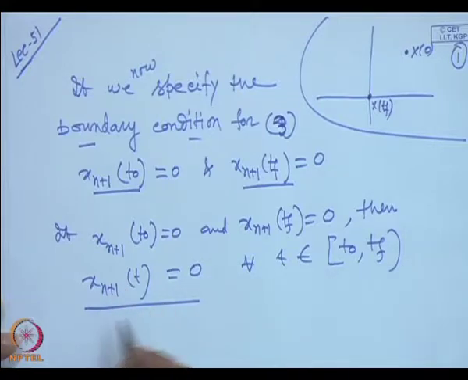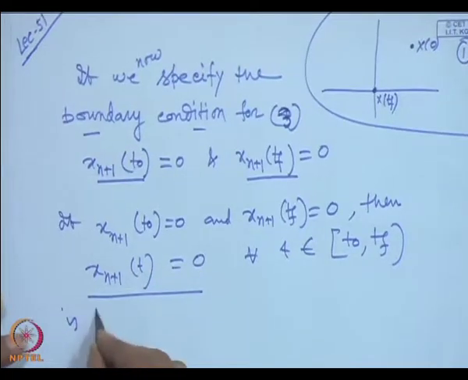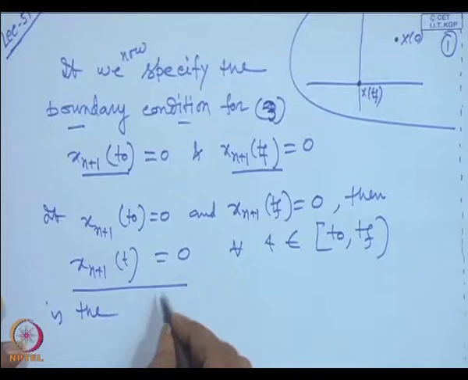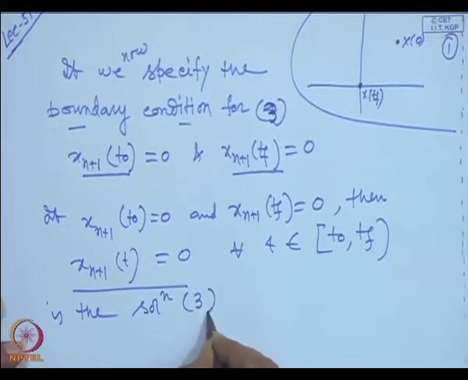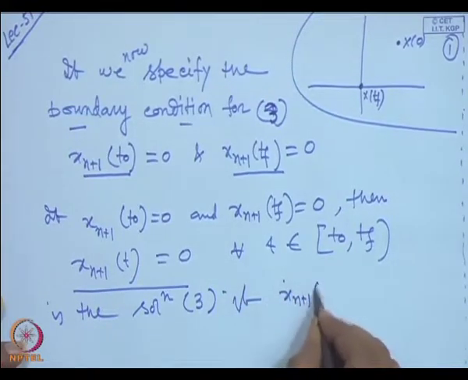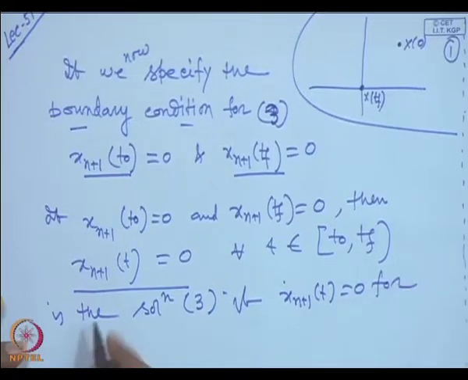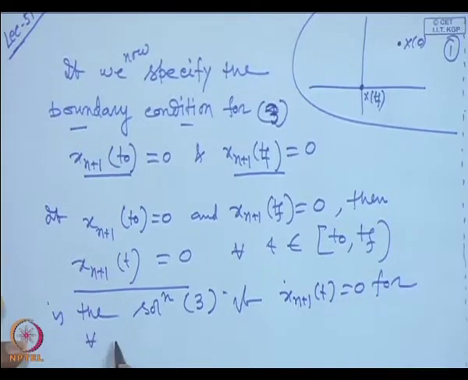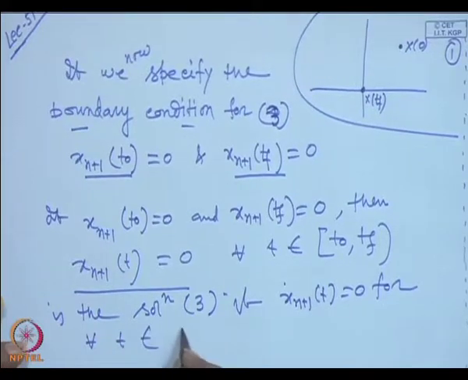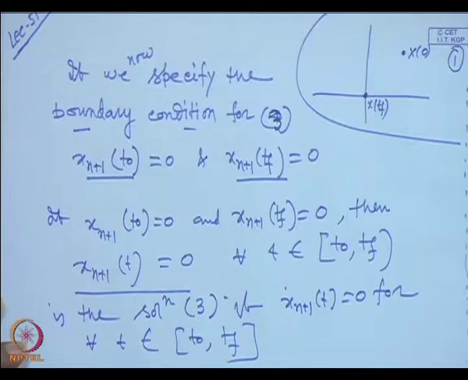So this x n plus 1 of t is the solution of equation 3 if x n plus 1 dot of t is equal to 0 for all t belonging to t 0 to t f. This is the condition for this one.